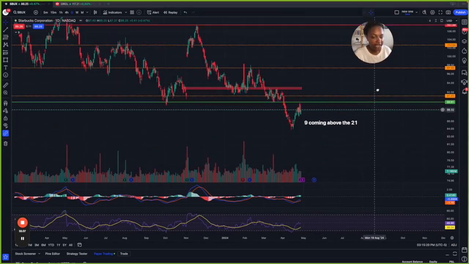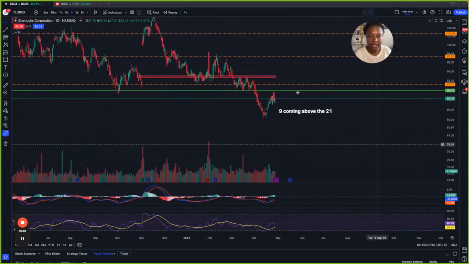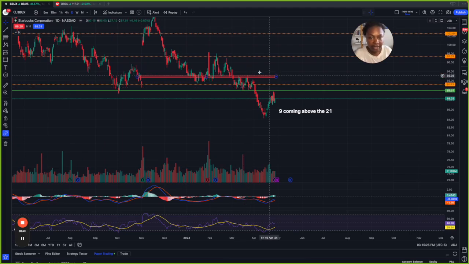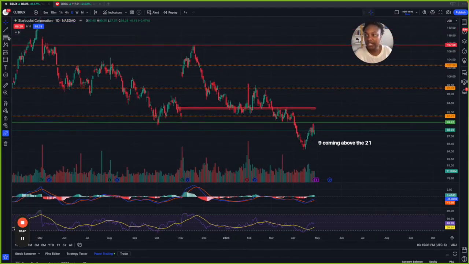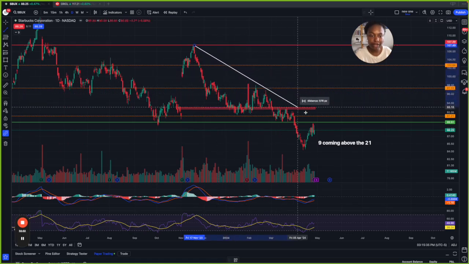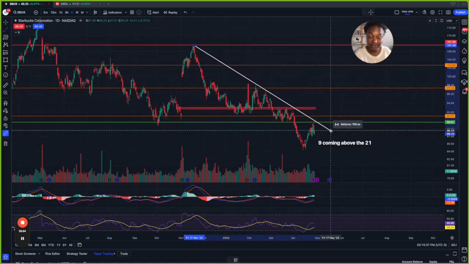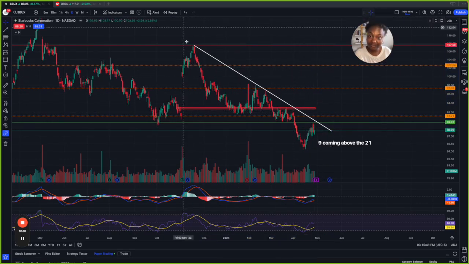Right, so now we have Starbucks. We got a Starbucks here, and this looks great to me as well. When I saw this, this trend line that we have here, beautiful, beautiful trend. Uh-oh, y'all. Look at this.